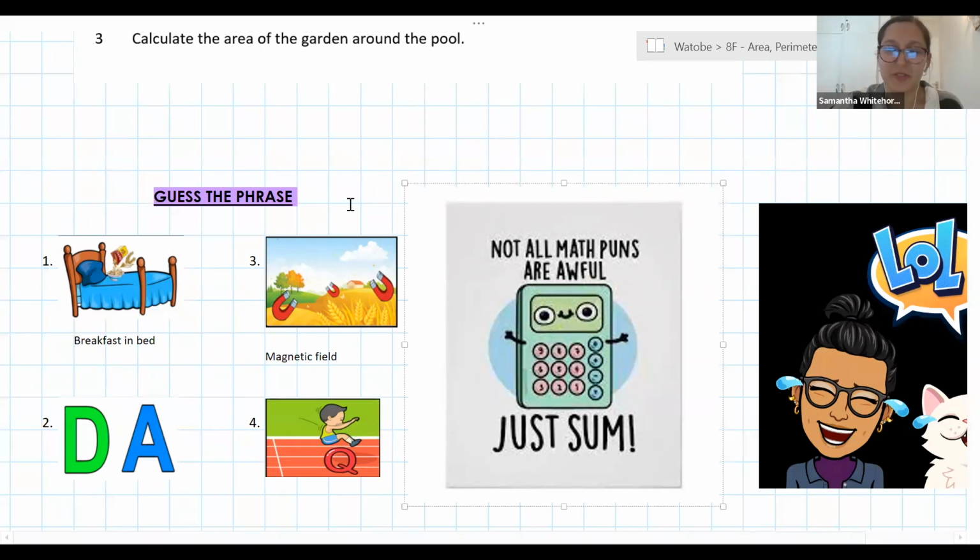Viola, what do you think? Which one? I think it's number 4, the one who's doing exercises. So what do you think the statement is there? I really can't see. I think the man is jumping.